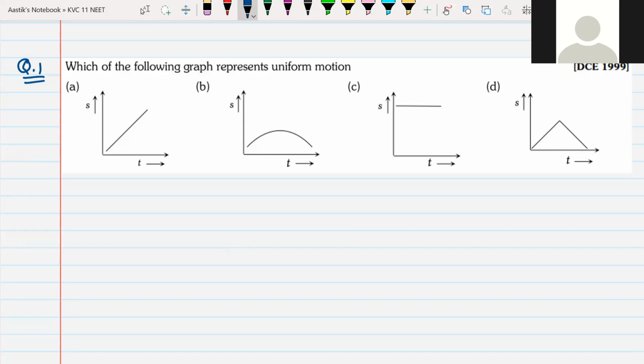When I say uniform motion, I mean motion with uniform velocity. Which of the following graphs represent motion with uniform velocity? Option A, sir. That is correct, sir.